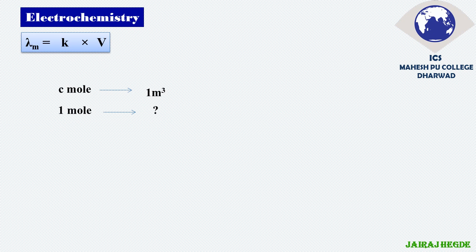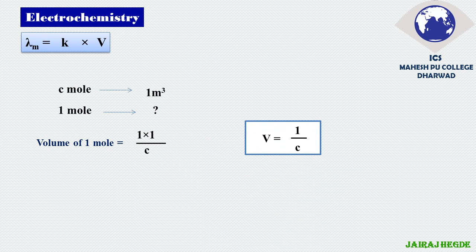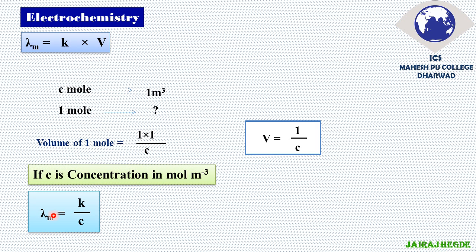If we do cross multiplication, the volume of 1 mole of electrolyte will be equal to 1 mole into 1 meter cube divided by C mole, that is 1 into 1 divided by C. So V is equal to 1 over C. V is the reciprocal of concentration. If I substitute this over here, lambda m is equal to kappa divided by C.